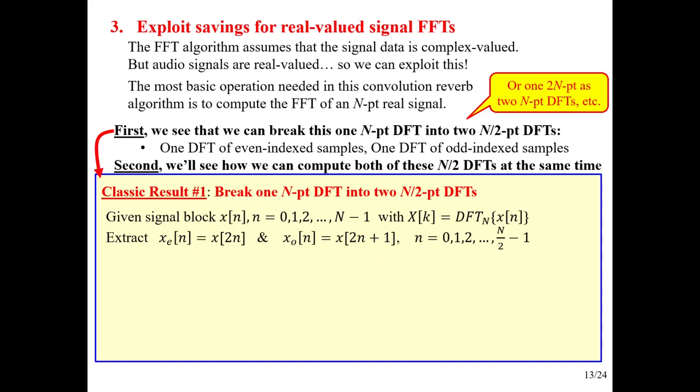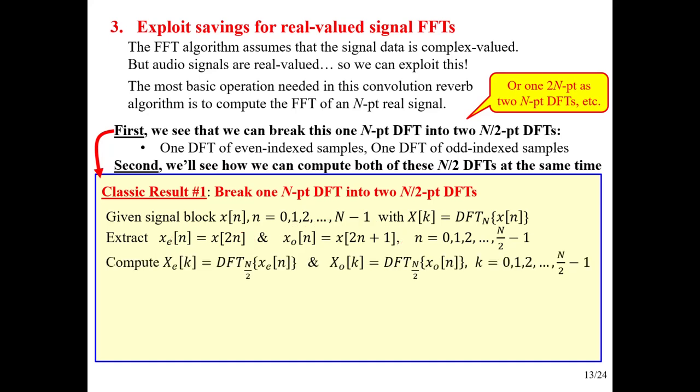Okay, so now I have an N over 2 point signal and an N over 2 point signal. Suppose we compute the DFT of each of those. So it would be an N over 2 point DFT of that and an N over 2 point DFT of that. So I'm going to denote those as this. Those are N over 2 point DFTs.